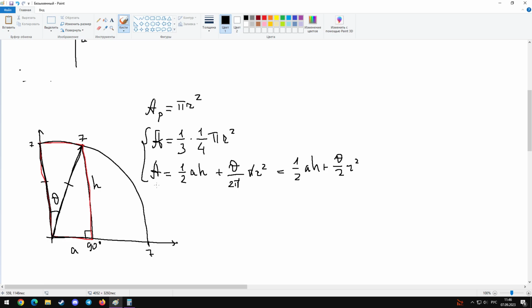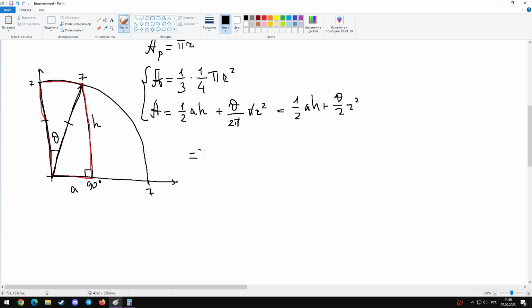And this is a system of equations. From this system we can obtain that 1/12 of pi r squared equals 1/2 AH plus theta over 2 r squared. So let's take a closer look at this triangle.